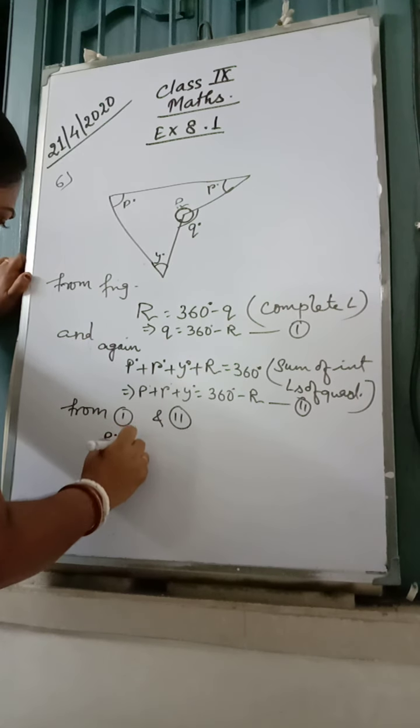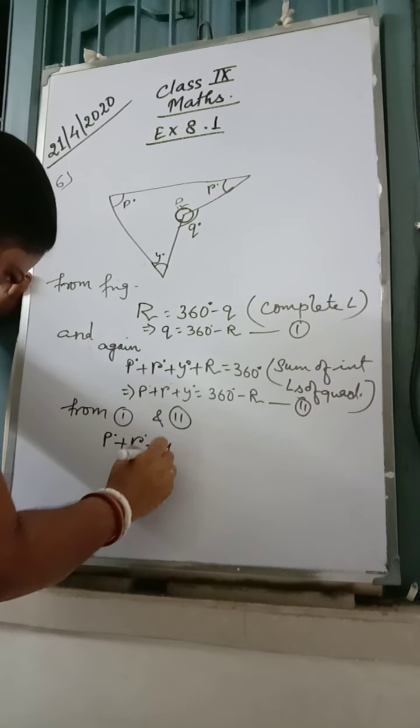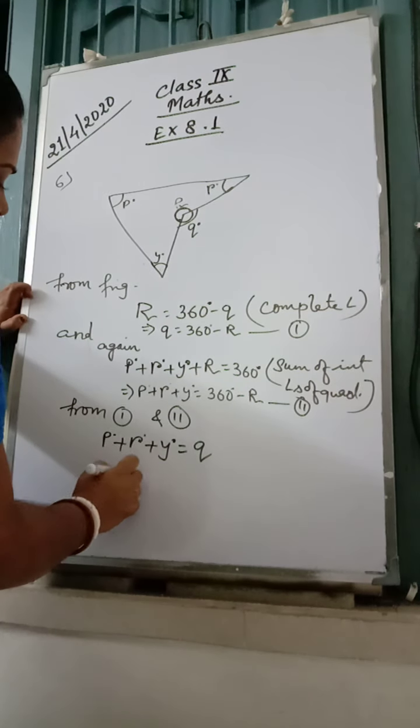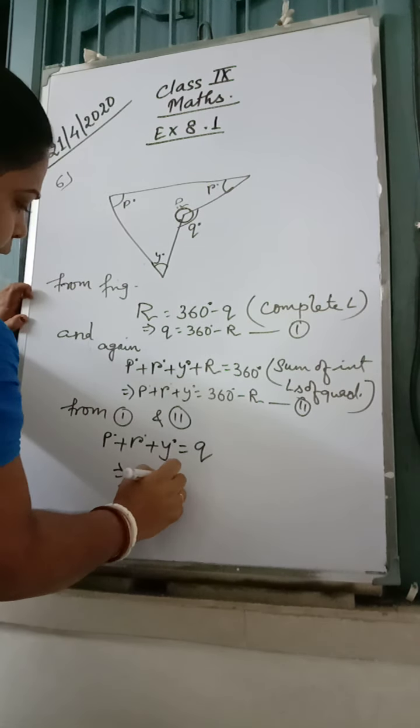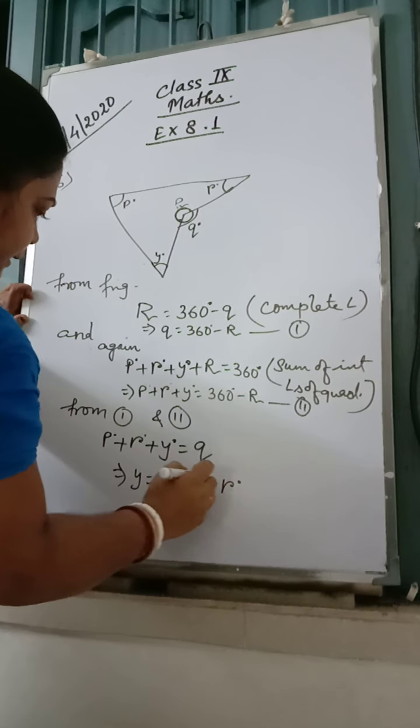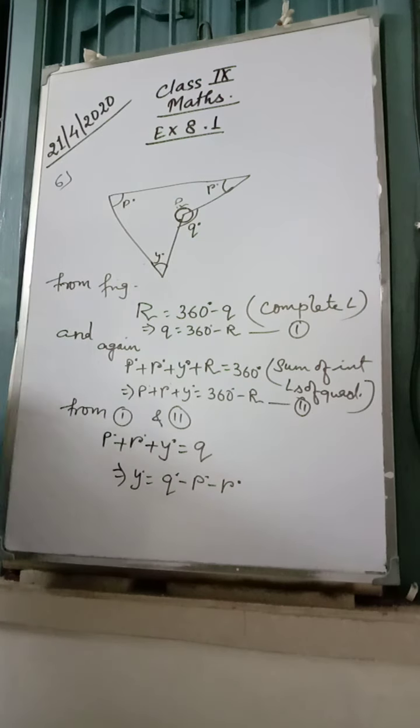P plus r plus y is equal to q, or y is equal to what will be the value of y? Q minus p minus r. This only we had to find: y in terms of p, q and r.